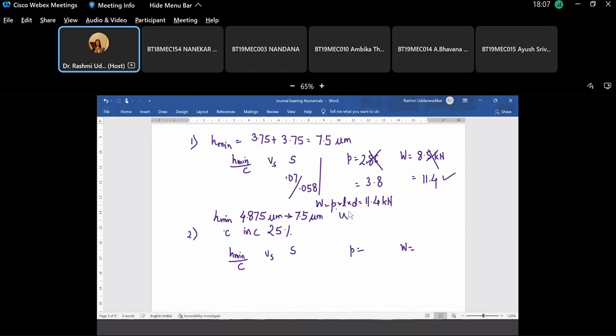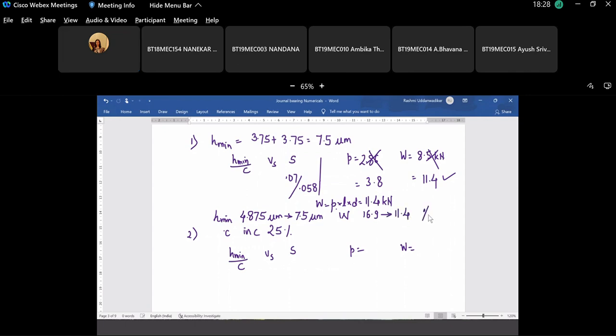The value of load carrying capacity changed from, or rather decreased from 16.9 to 11.4.